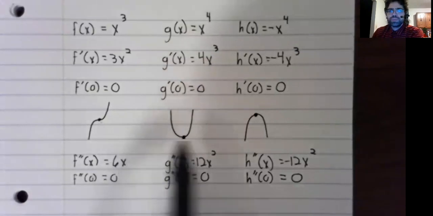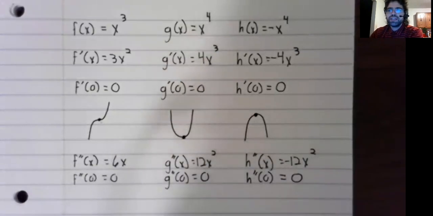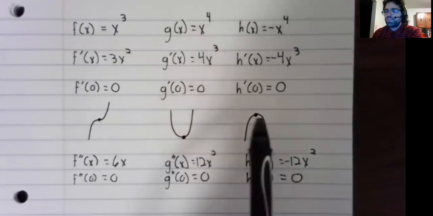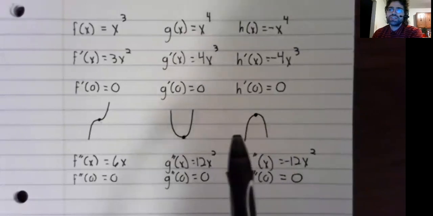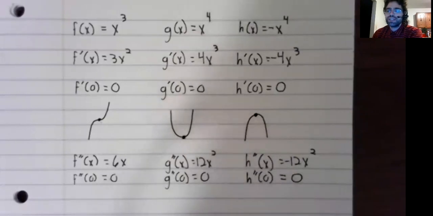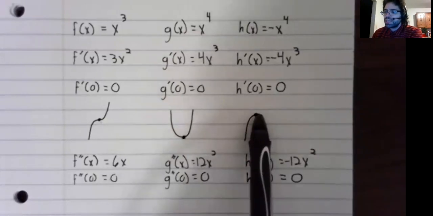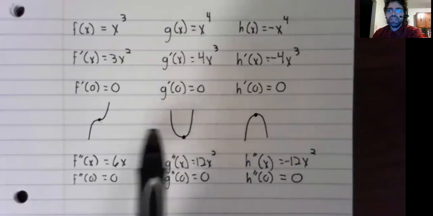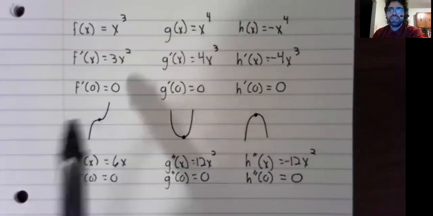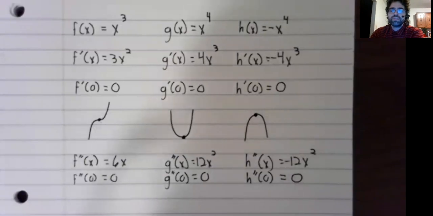However, as we see on this page, that's not true. The second derivative being 0 gives you no information. Might be a max, might be a min, might be neither.